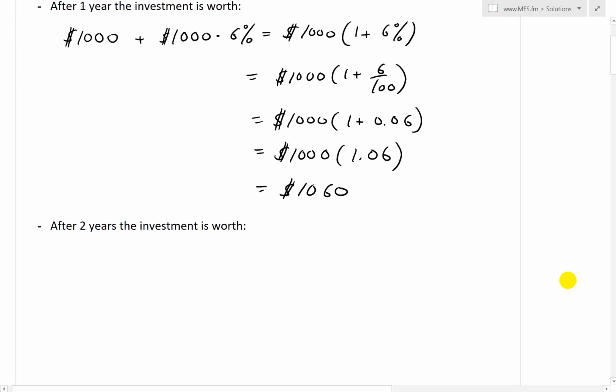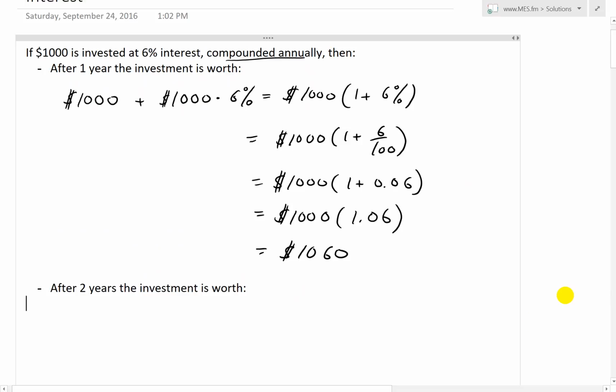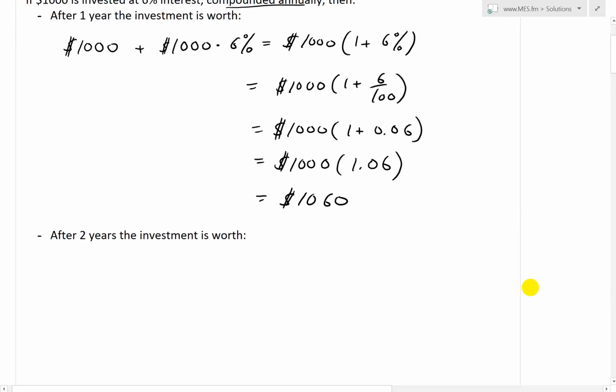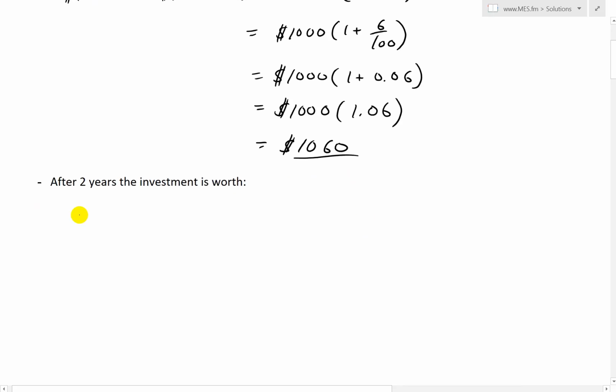Now after 2 years, if we want to find what the investment is worth, we're going to do the same thing but with this new starting value. So now we're going to compound interest onto that new value. So 1060 plus 1060 times 6%.